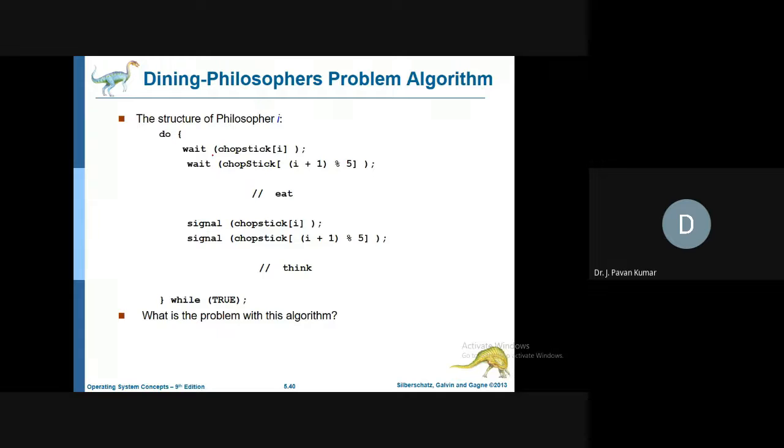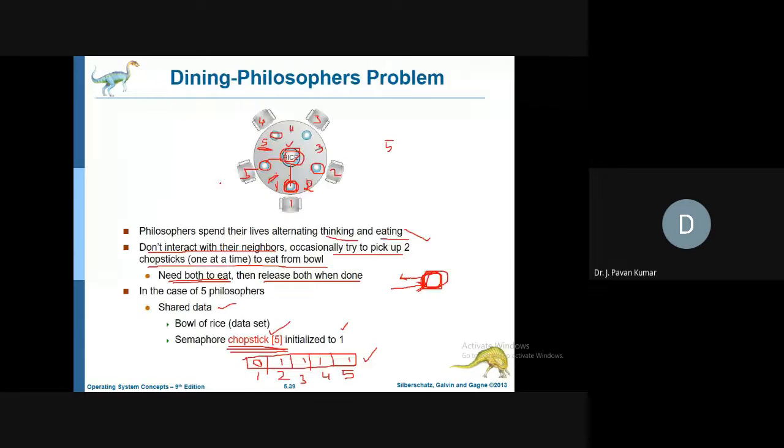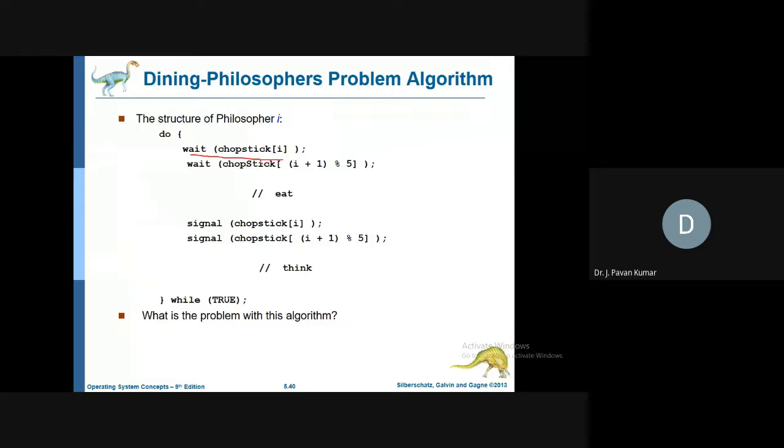Consider the first philosopher has taken the first chopstick, then he has to try for the second chopstick. He will see whether one is free or not. If it is free, then he will see whether two is also free or not. If these two are free, then he can start eating. That's what we will be having.